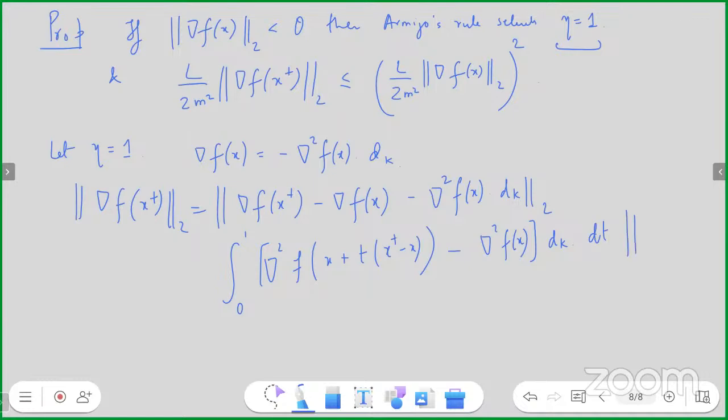And this I can even make less than or equal. Everybody is okay with that? Something is wrong there. Should multiply what?